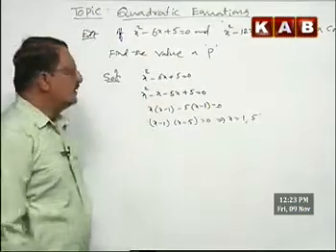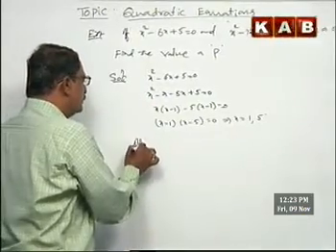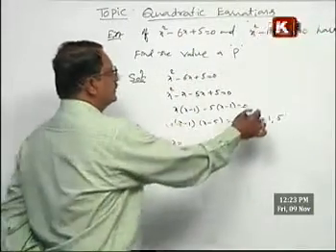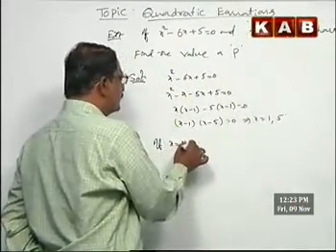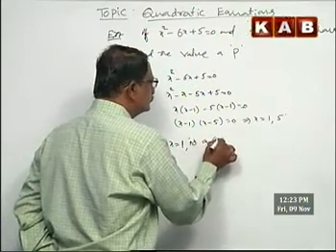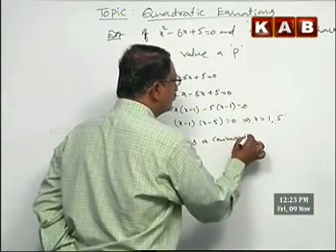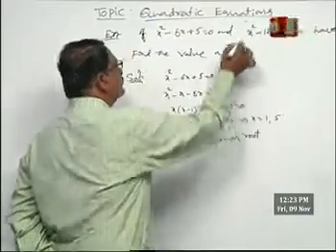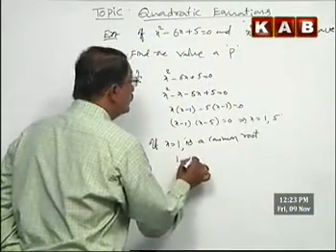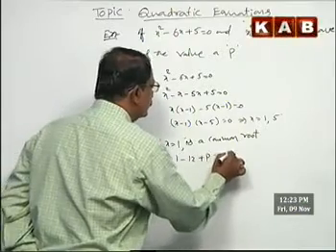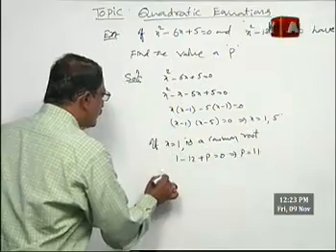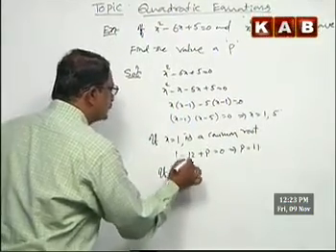Suppose x equals 1 is a common root, substitute this value in the second equation, we get 1 minus 12 plus p equals 0, this implies p equals 11.